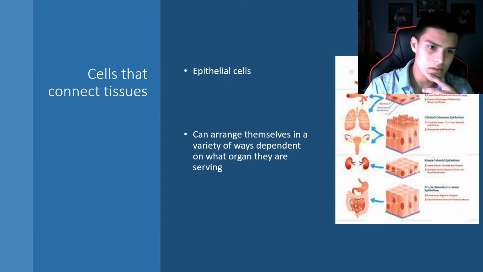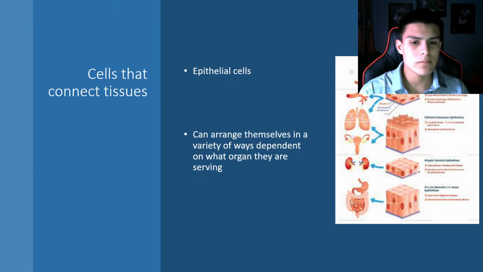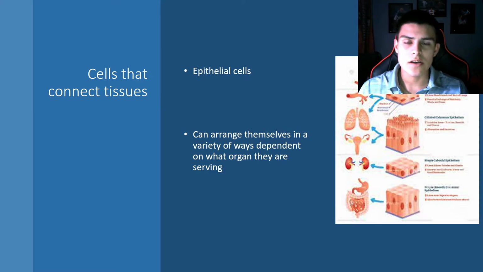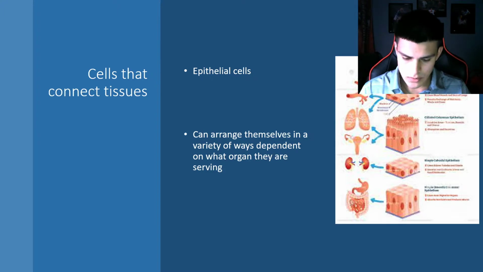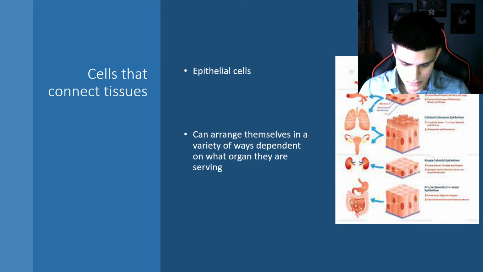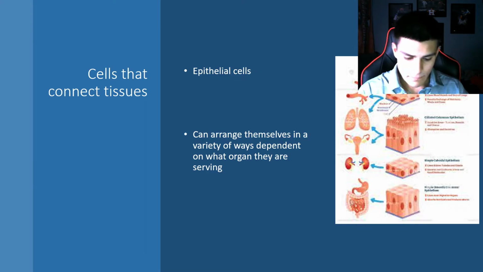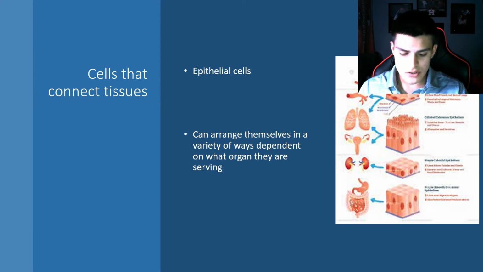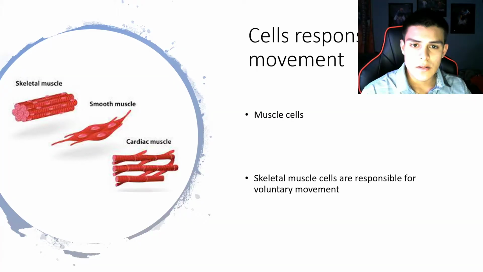An example of this could be the simple, I believe it's called simple squamous epithelial cells. Those allow the exchange of nutrients between blood vessels. That's that specific function it carries out. Let's go ahead and move on.